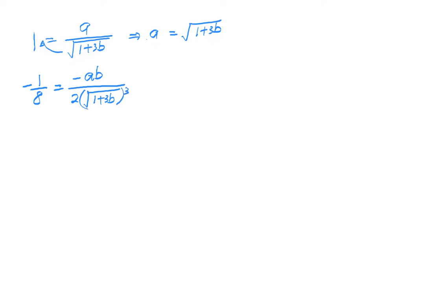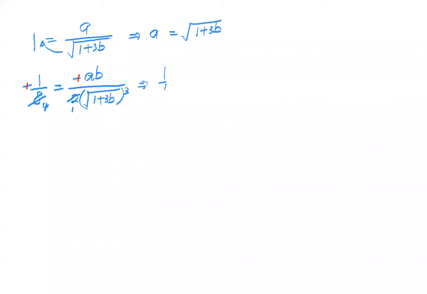Am I right? So now, before I substitute, I simplify first. Both sides got negative, so it turned to positive. Both sides at the bottom, I can divide. This is 1, this is 4. Can I not? So I simplify first, then now I substitute.